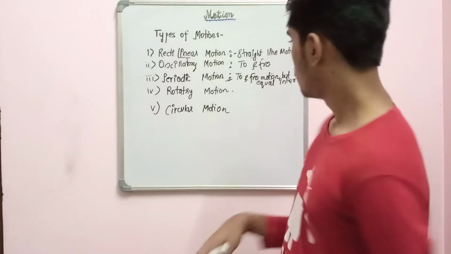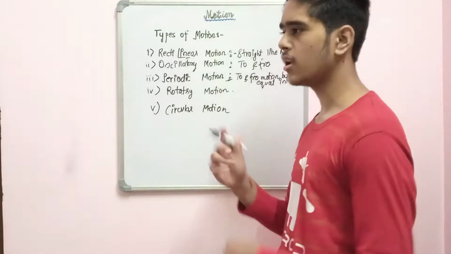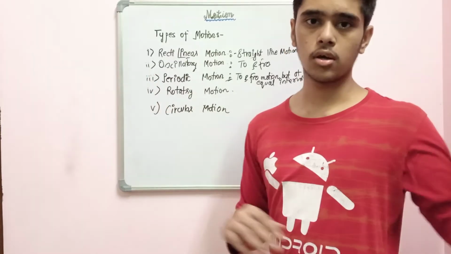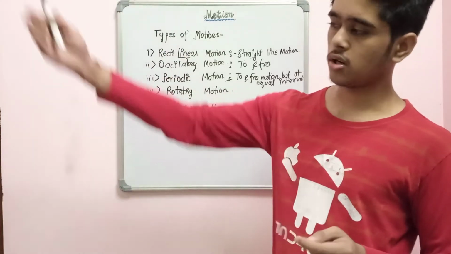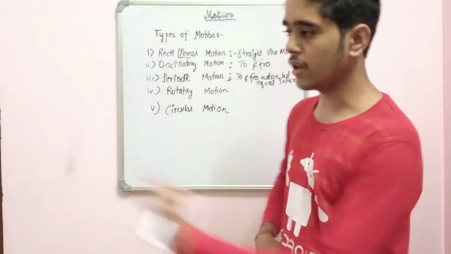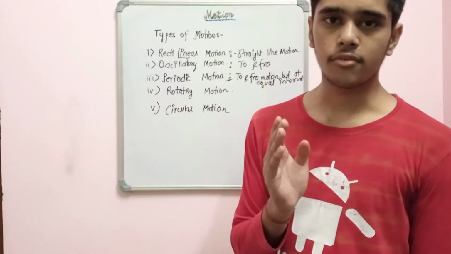There is a difference. For example, take a swing: we tie two ropes at two points and push the swing. Its swing does not repeat after an equal interval of time.